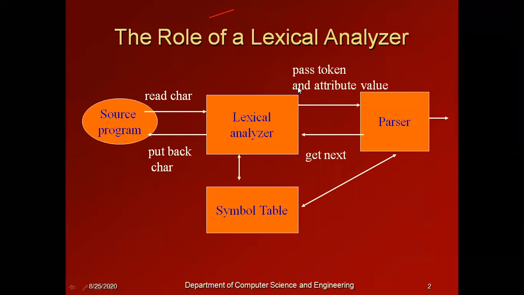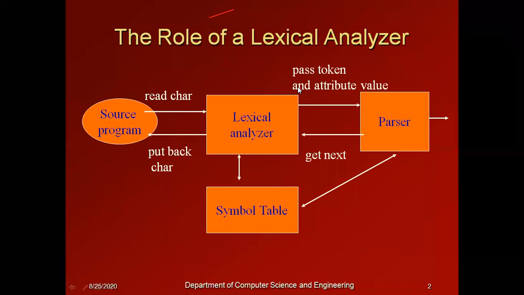For that, it simply reads character by character from the source program. Whenever it identifies a particular token or lexeme, that is, if it is satisfied with a particular sequence of characters that can be identified as a lexeme, then that lexeme will be forwarded to the next phase of the compiler design process.